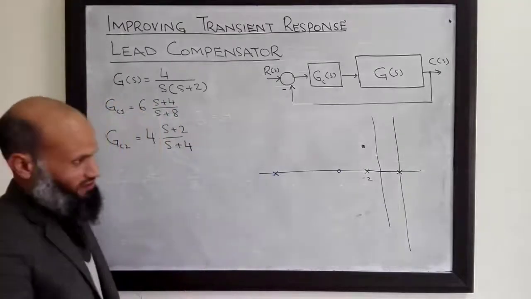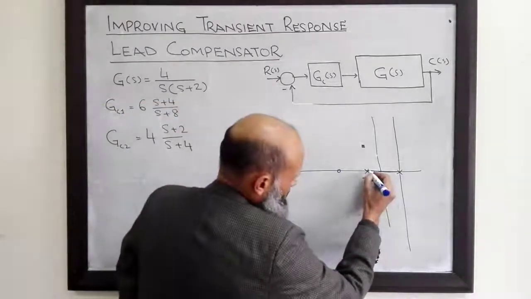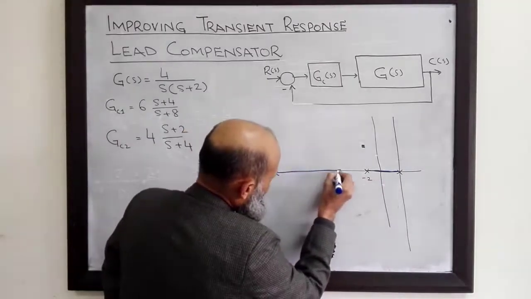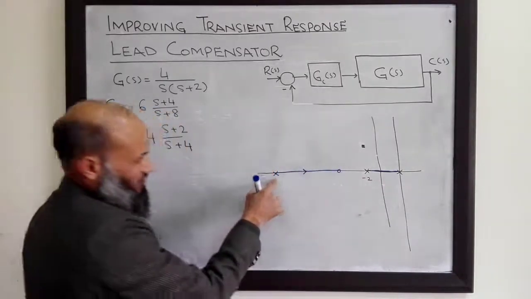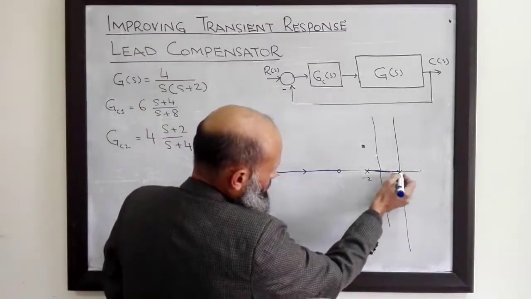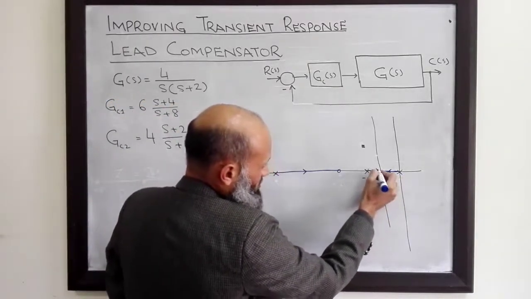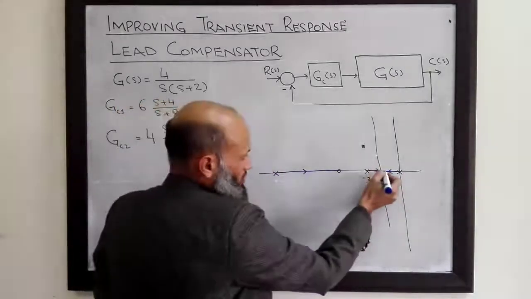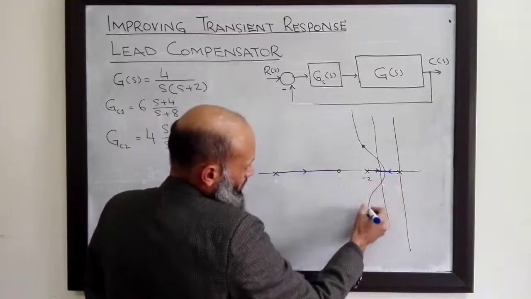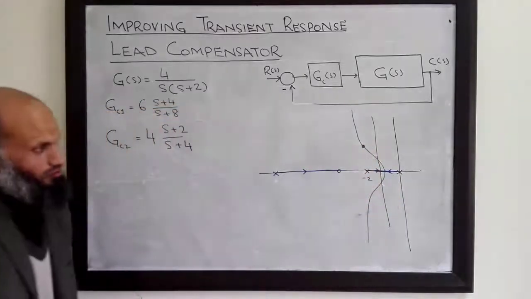So the new root locus was like this one. This was part of the root locus, this was part of the root locus, and the root locus starting from this pole ended up at this zero. And then the root locus starting from these poles was somehow modified to pass through this desired closed loop pole.